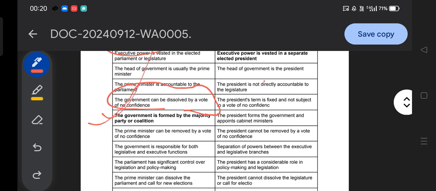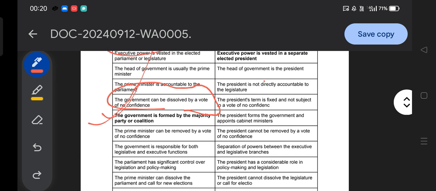Then the prime minister can be removed by a vote of no confidence. Your prime minister and your government can be removed by the vote of no confidence. Sir, what is the vote of no confidence?